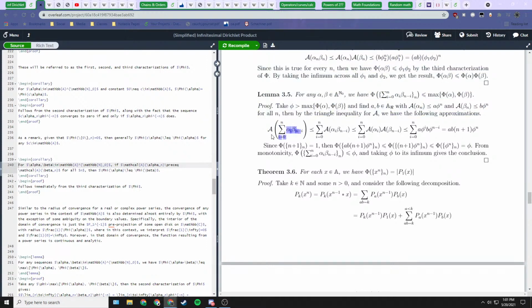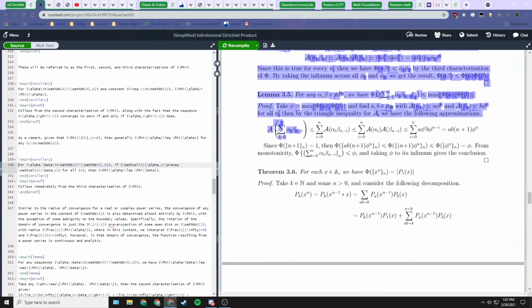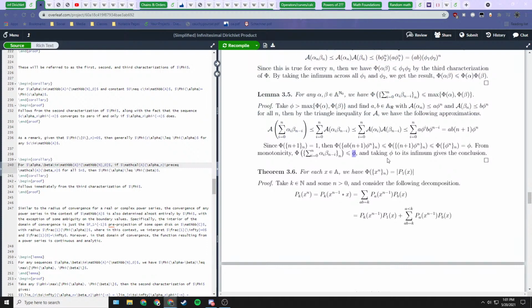So from the monotonicity of the capital Phi function, over here on the left side, the absolute value of this whole summation series is bounded by the absolute value of this other series, which means that the phi value of this summation is also bounded by the phi value over here. But we just calculated that phi value as phi, lowercase phi. So from monotonicity, the phi value of this whole summation is less than or equal to this lowercase phi.